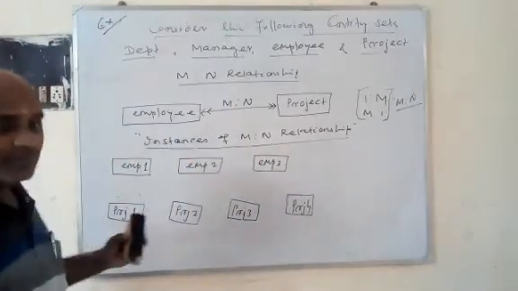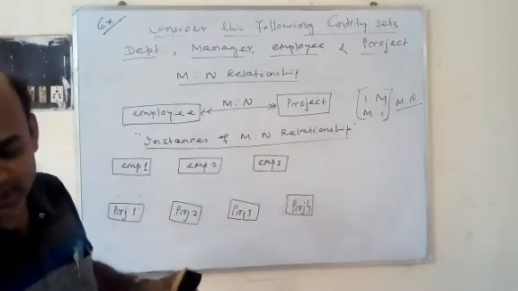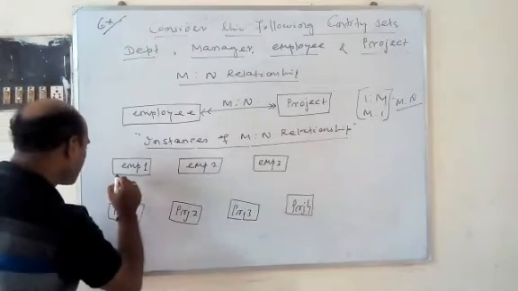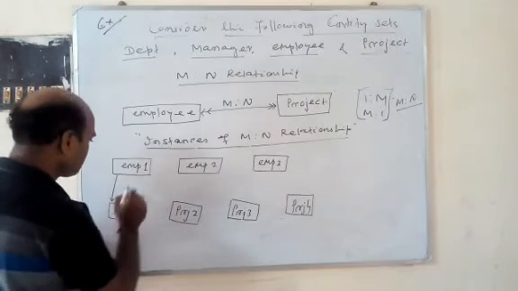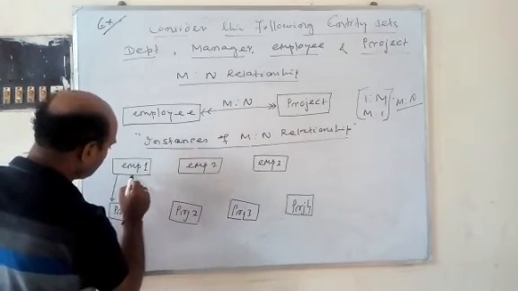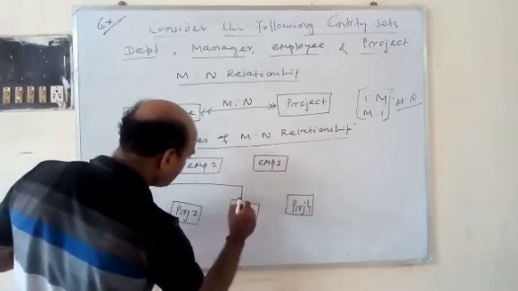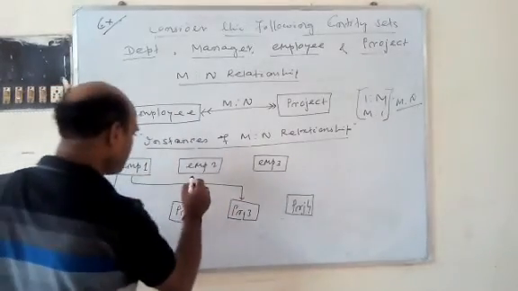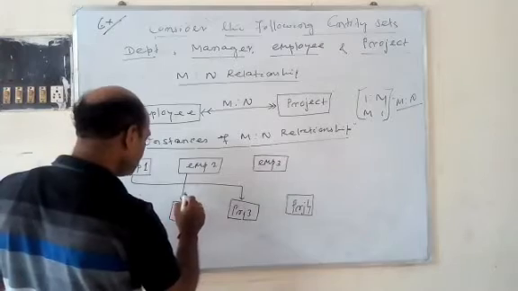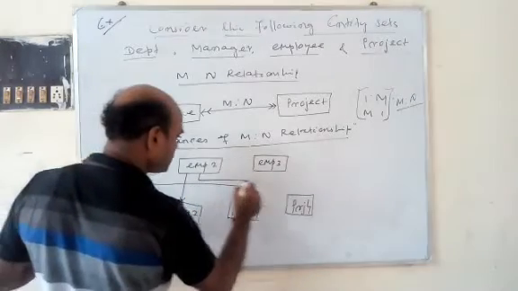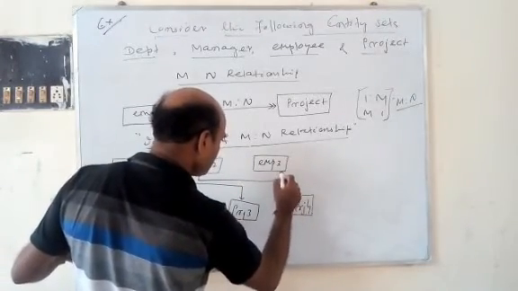Suppose now we can establish this relationship. Employee 1 working in project 1, employee 1 is also in project 3, and employee 2 is working in project 3, and employee 2 is working in project 4.